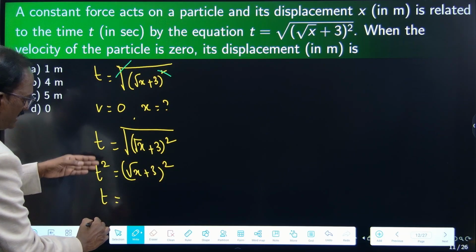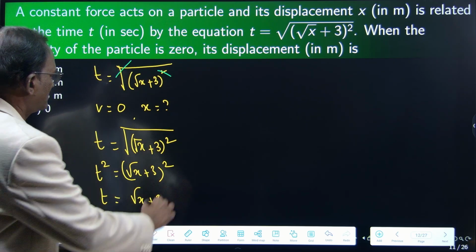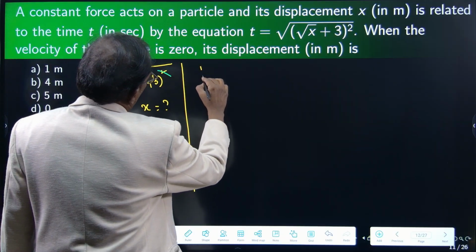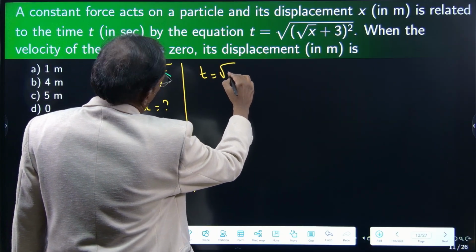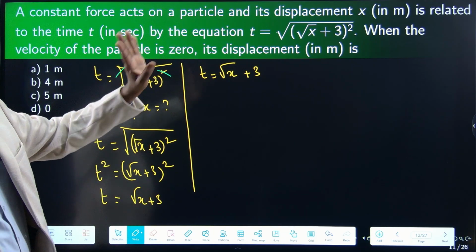Then take the square root. t = root x + 3. That's all; these two will be cancelled. So t = root x + 3 is the data.